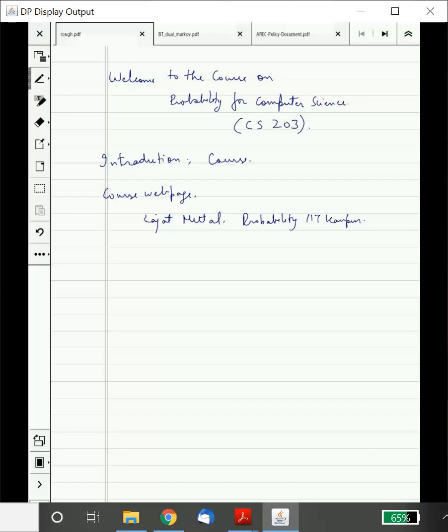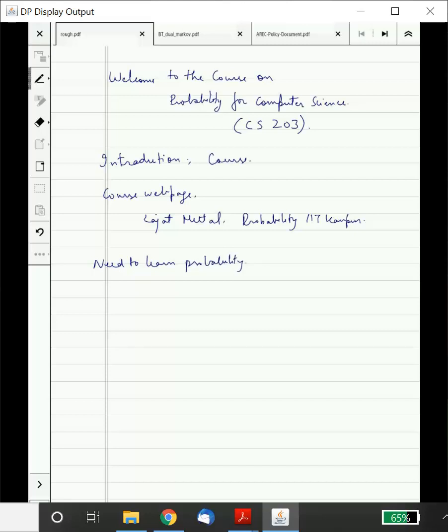Starting with the course, why do we need to learn probability? Now, I would say that for most of the computer science people, this might seem like a moot question. Obviously, probability is very, very important. There are so many areas.